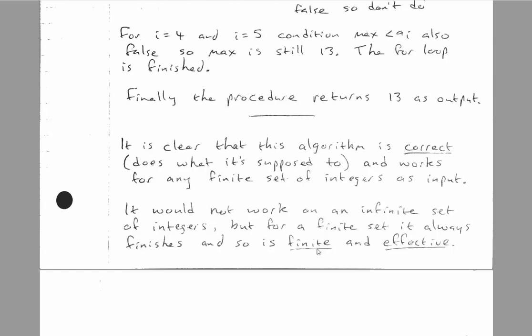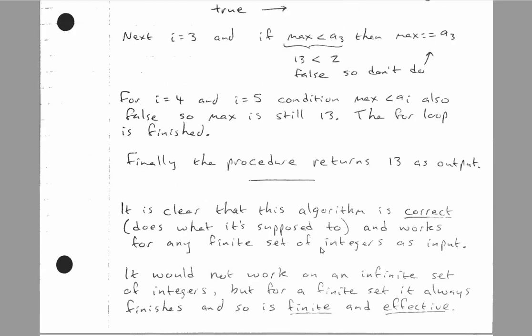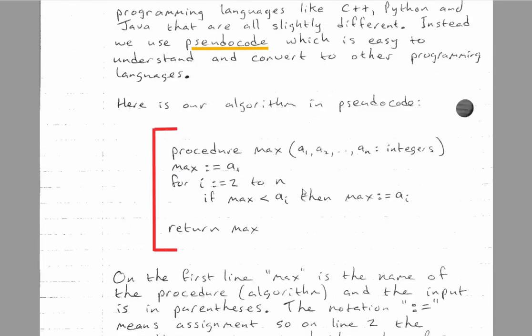So it's finite and effective, and there's no chance that it can keep running forever. It's not going to crash. It's just stepping from 2 to this finite number n, so what could go wrong?